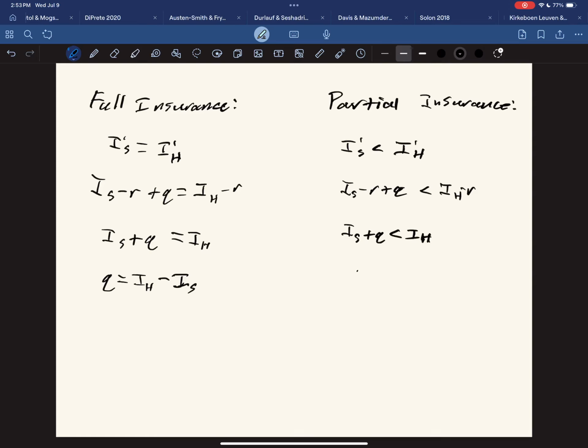And then that leaves us with Q is less than IH minus IS. So that's what a partial insurance contract looks like, right? So the payout is less than the difference between your income in the sick and the healthy state.